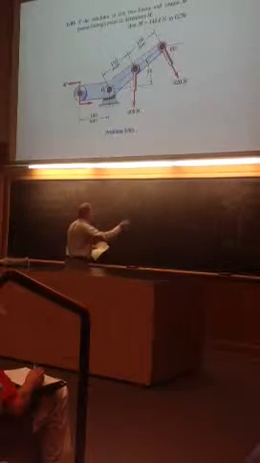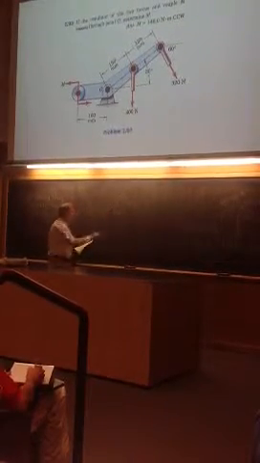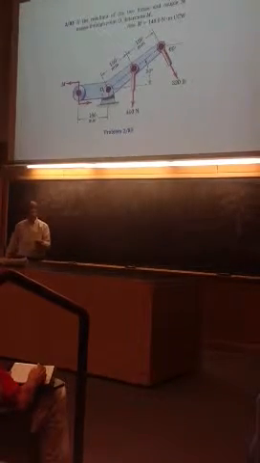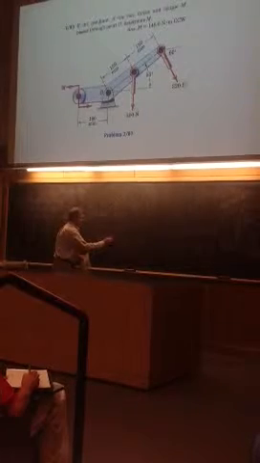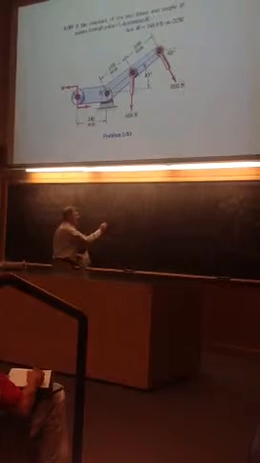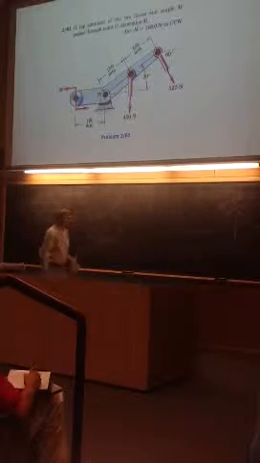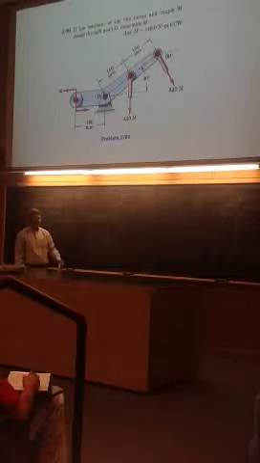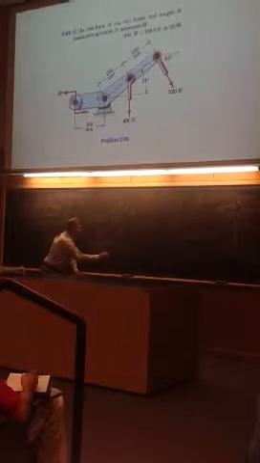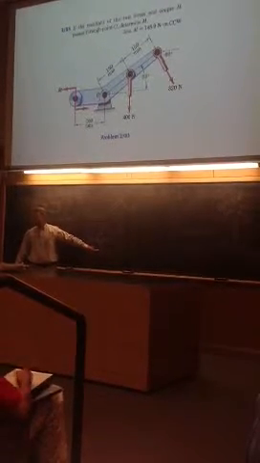We want to replace this with a single equivalent force couple at O. If the resultant of the two forces and couple M passes through point O, determine M. So I want to replace this with an equivalent force couple at O, which is going to have components Ox, Oy, and generally speaking, there would be a couple component of this equivalent force couple, but when it says the resultant passes through O, that says that the couple part is zero.